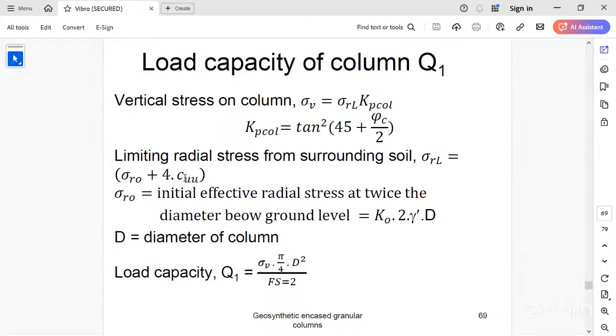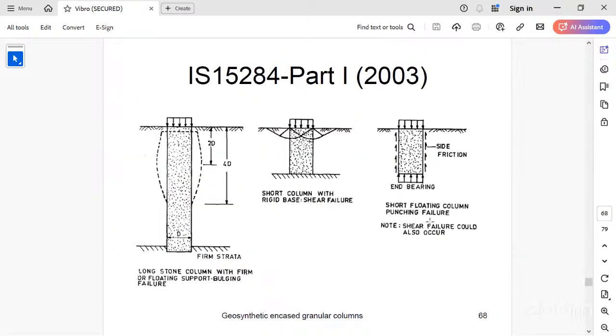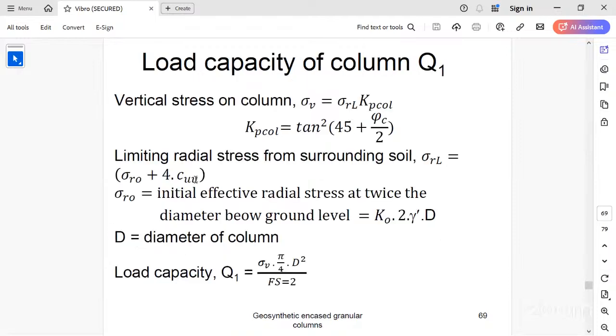Sigma R naught is the initial effective radial stress. 4 Cu is the bearing capacity of the soil surrounding the column. And this limiting radial stress, sigma R naught, is K naught times 2 gamma prime times D, because we assume that maximum lateral pressure is acting at a depth of 2D. That is where the maximum bulging has taken place.